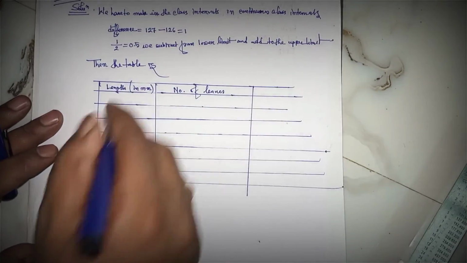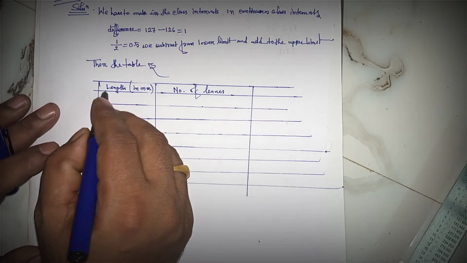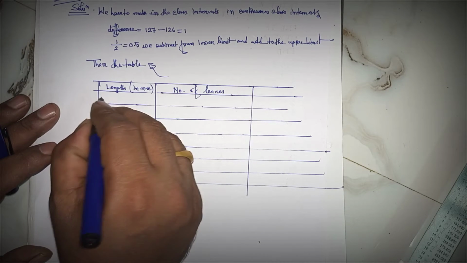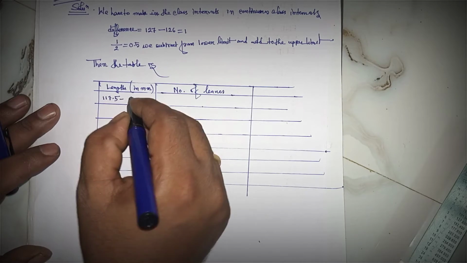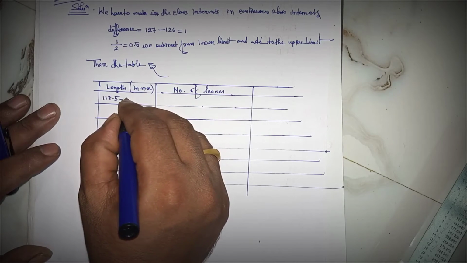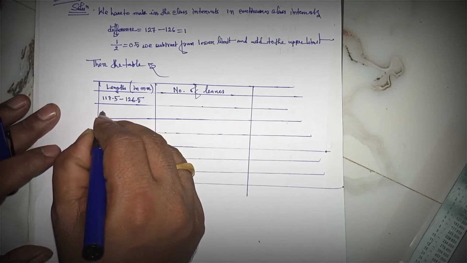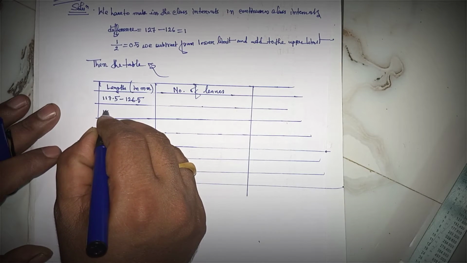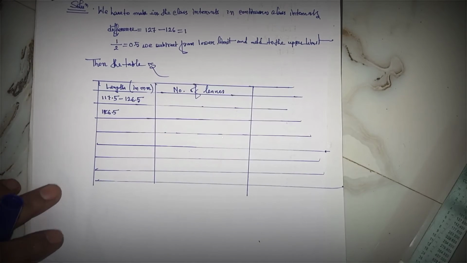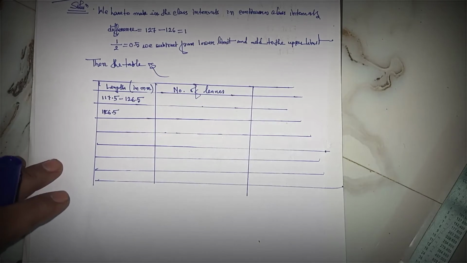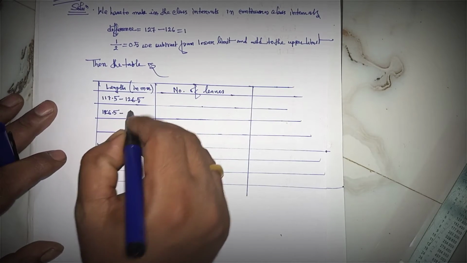So what do the intervals become? If we subtract 0.5 from 118, it becomes 117.5, and if we add 0.5 to the upper limit, it becomes 126.5. The next one starts from 126.5, because 127 minus 0.5 equals 126.5.